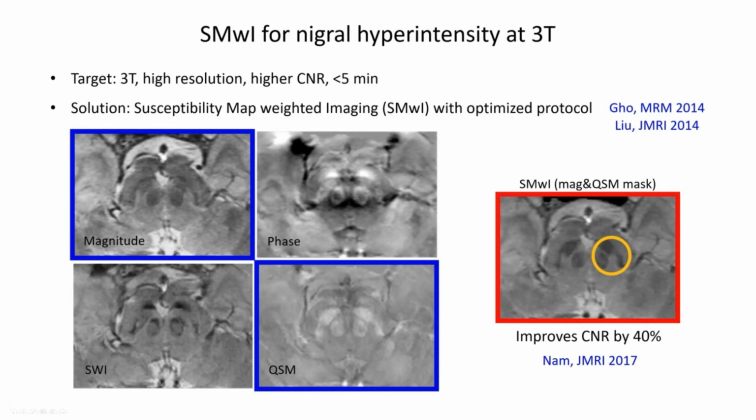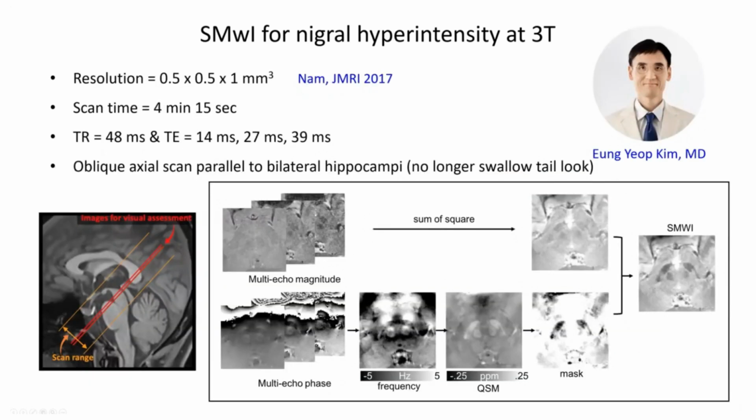By the way, SMWI imaging for nigral hyperintensity does not really mean just the methodology itself. It also means how you set your resolution, your TR and echo times, and even the orientation for covering the volume. These are the combinations that we came up with, mostly suggested by Professor Eung-Yup Kim at Samsung Hospital now.